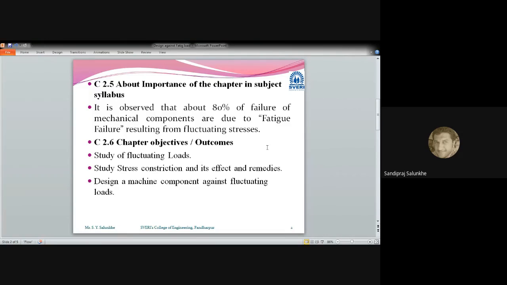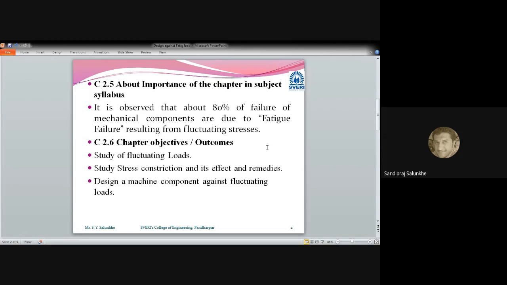In that case there may be a chance of fatigue failure, and that is not the designer's fault. It is the fault of the user. If he does not follow the instructions given by the designer, then the designer is not responsible; the user is responsible.